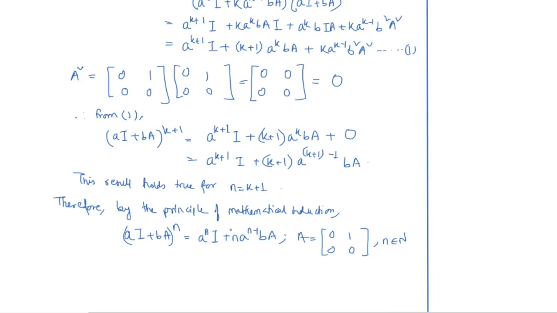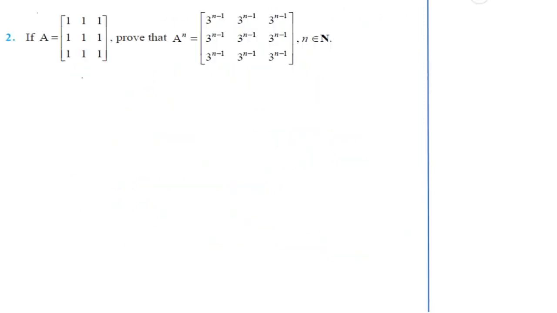Alright, now let us come to the next question similarly. So question number 2 is basically exactly the same type as question number 1. Here also we cannot show it directly as there are no such methods of proof, but mathematical induction makes it a lot easier.